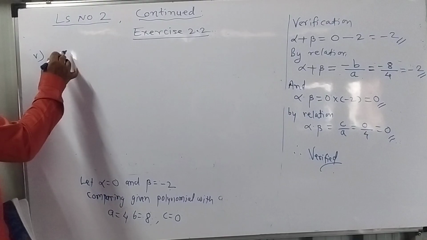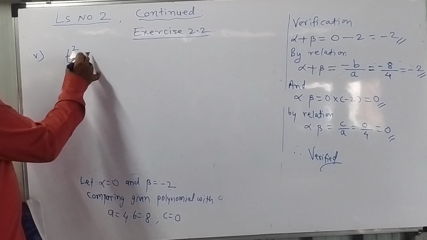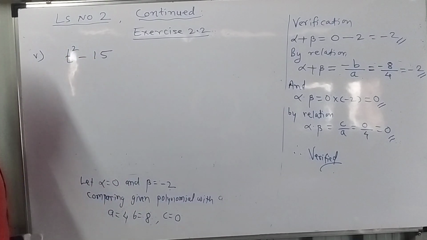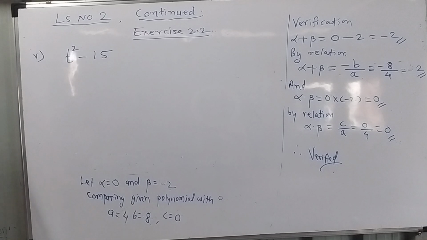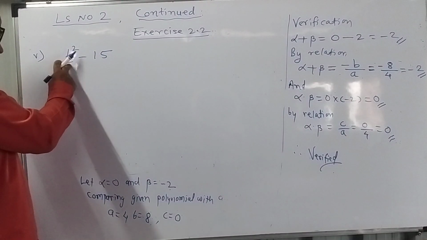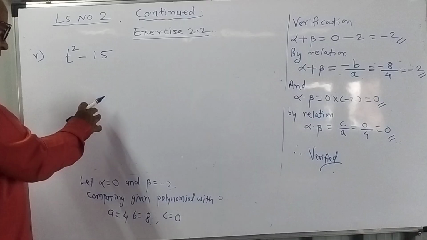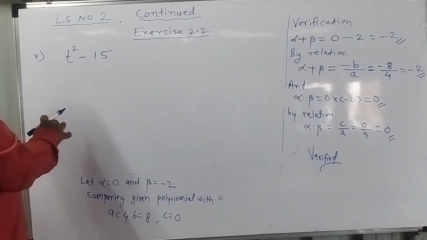T square minus 15. See, this is again a quadratic polynomial, but it is not a trinomial. And again there is no common variable here. Here there is t, but here there is no t. So it is a different question.